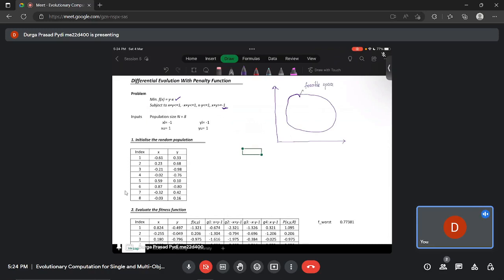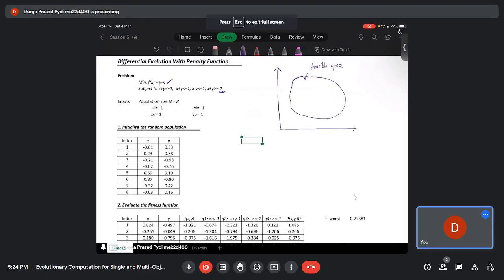Whenever you have an individual in evolutionary computation, we have several individuals, and we gradually calculate their fitness values and see how they evolve over time. When you have a solution which is infeasible, in the sense it's outside the feasible space, then you have to drive that towards the feasible space. How are we going to deal with that? Essentially by imposing fines.